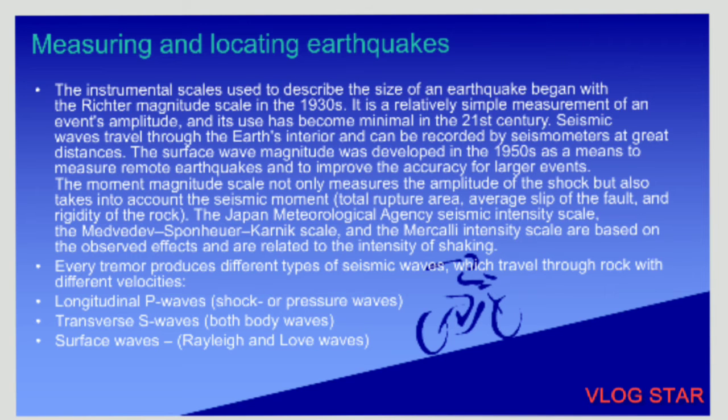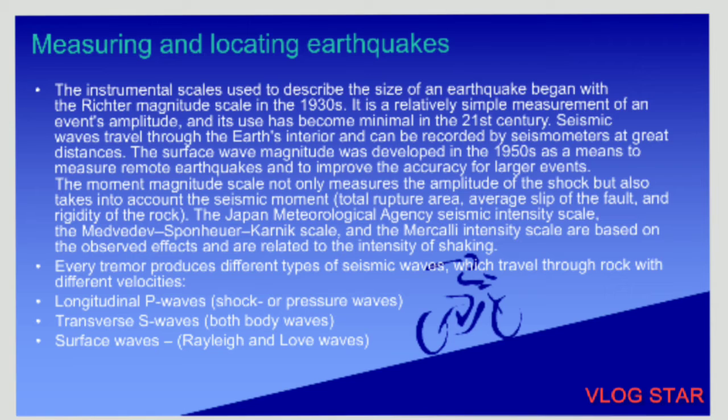Measuring and locating earthquakes: a scale was used to describe the size of an earthquake, beginning with the Richter magnitude scale in 1930. It is used because in the 21st century seismic waves travel through the Earth and can be recorded by seismometers at great distance.